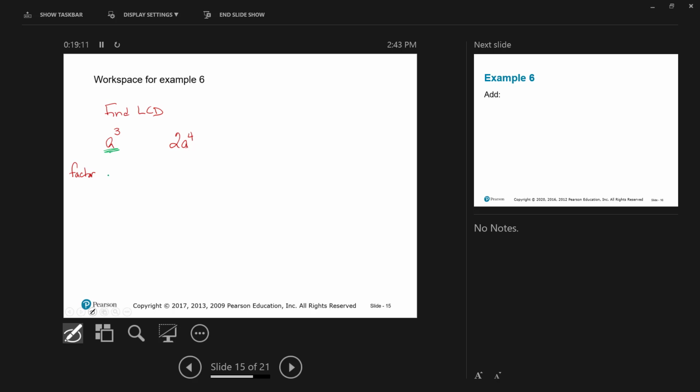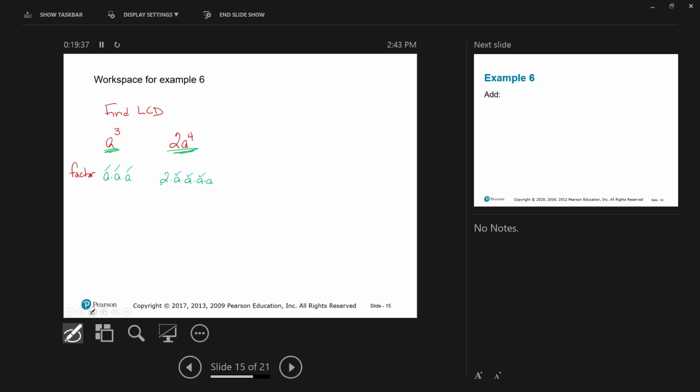I know a to the third means a times a times a. I know 2a to the fourth means 2 times a times a times a times a. So for us visual people, this isn't a bad step to do. Now again, I need to make them look the same. So I notice both of them have the 3 a's. That's wonderful.